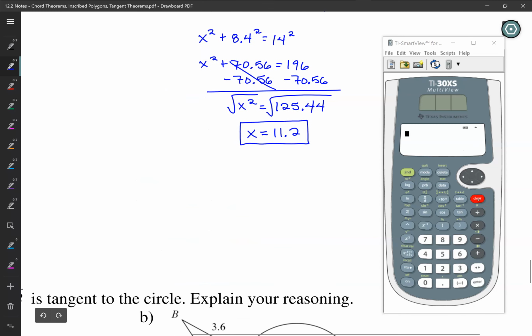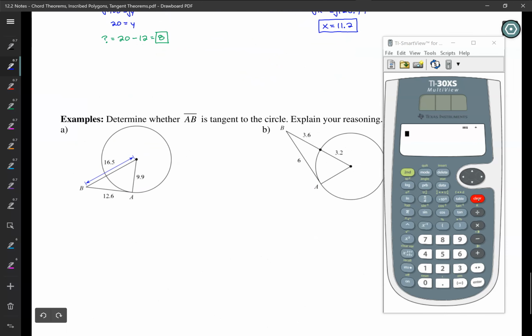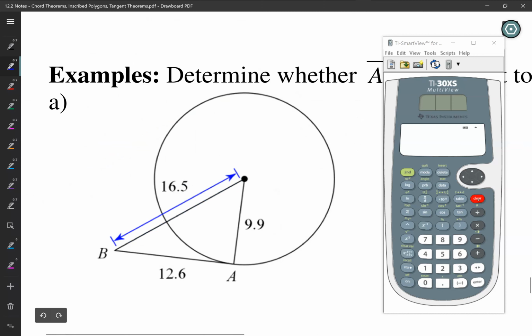Okay. The last type of problem is asking, well, this segment right here, segment AB, it sure looks like a tangent segment. It sure looks like if I kept going like this, it would only touch the circle at point A. But is that true?